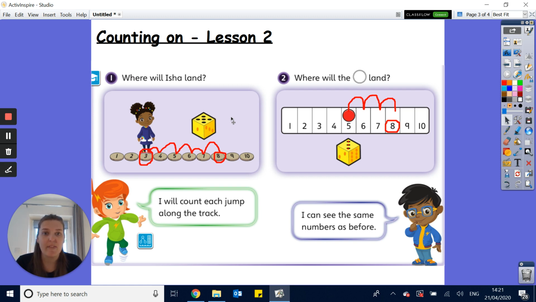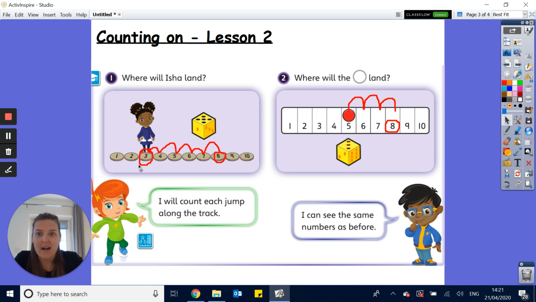Okay, now let's have a chat about the answer. So what do you notice about both of the answers? Have a look where both of the examples land. Which number do both of them land on? This one here, we land on the number 8. And this one here, we land on the number 8. We land on the same number.